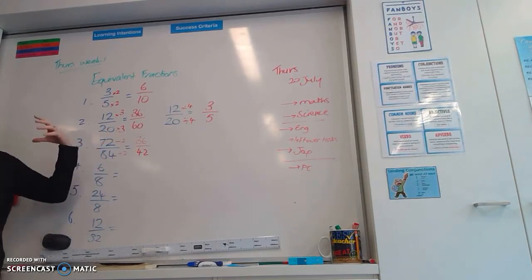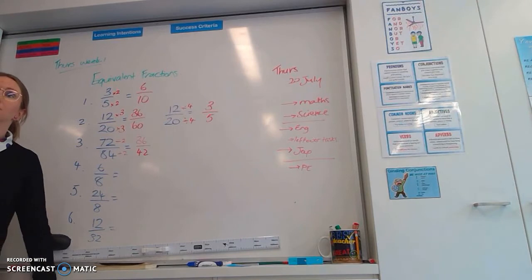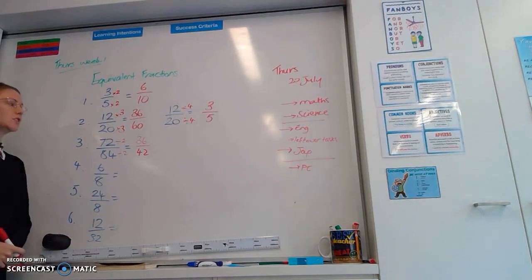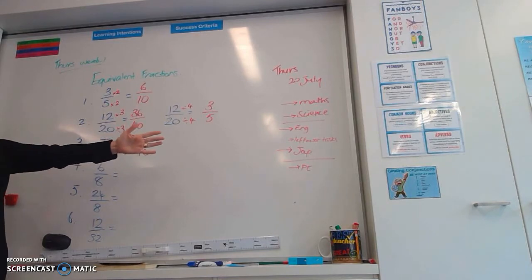What is the biggest number that you could have divided by to not have to keep breaking it down and down and down? 7. 6. No. 8. 12. 12, yeah. 12 is what we call the highest common factor. So that's the largest number we could use to get to the end result the quickest in this case.